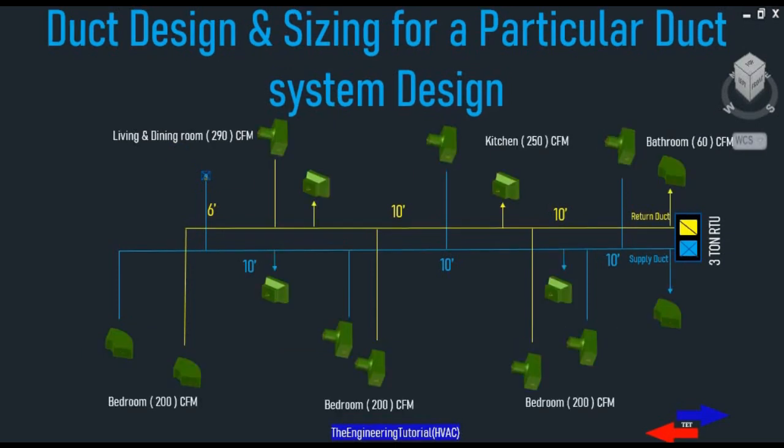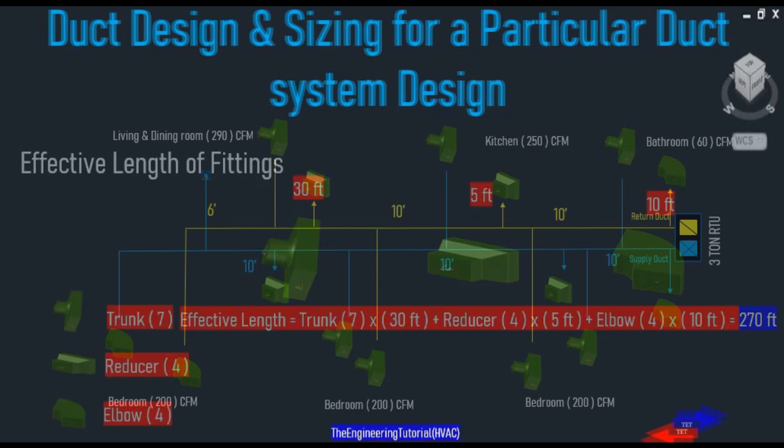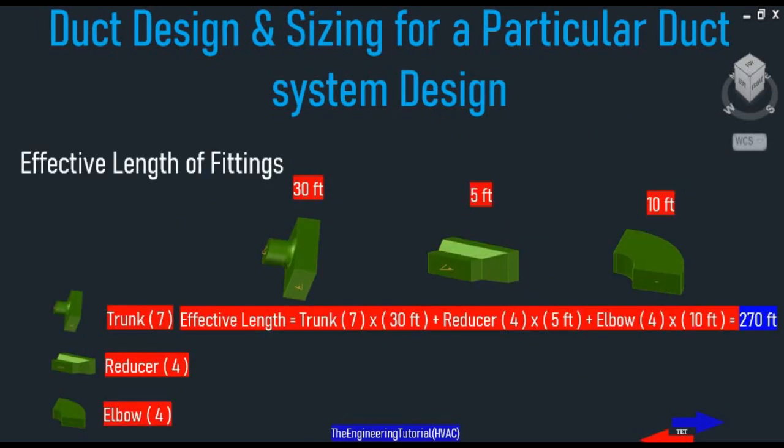The sketch should include the location of all the supply registers, grills, and fittings. Here is an example of the total equivalent length of all the fittings. So we have 7 trunks, 4 reducers and 4 elbows, each associated with a different equivalent length of straight duct, which gives us in this example 270 feet.